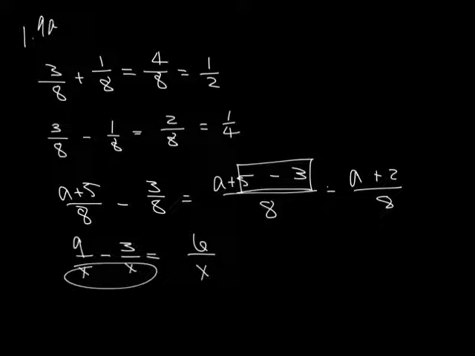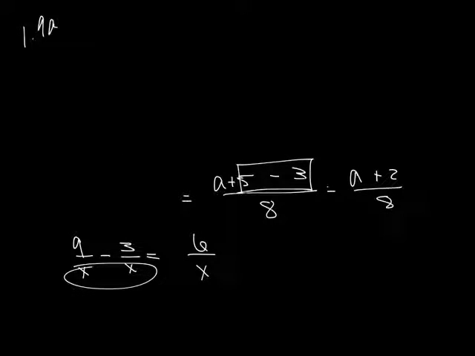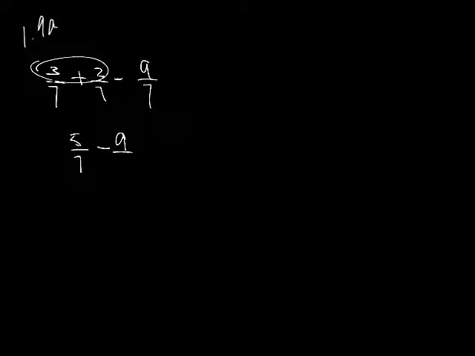Now there are some times where we'll have multiple numbers that we're trying to add or subtract, such as example 4. And we just do it PEMDAS, left to right, addition and subtraction. We get 5 over 7 minus 9 over 7.